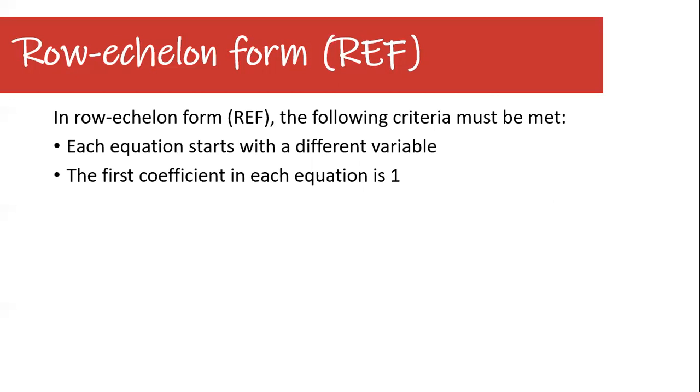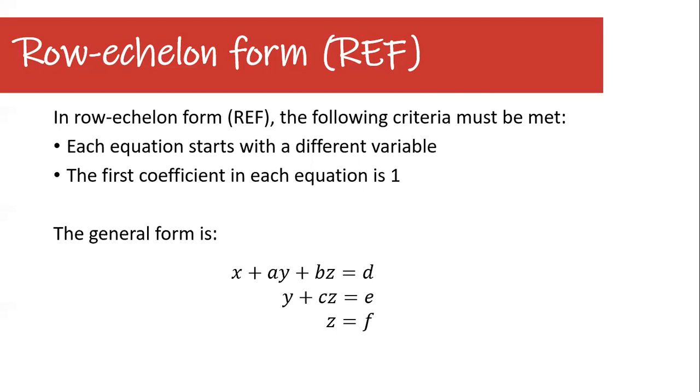We are going to use the elementary operations that we just saw, like swapping, multiplying, and adding and replacing. We're going to use those row operations to get into this form. The general form that you're going to look for is this. We're going to have x plus some number times y plus some number times z equals d.